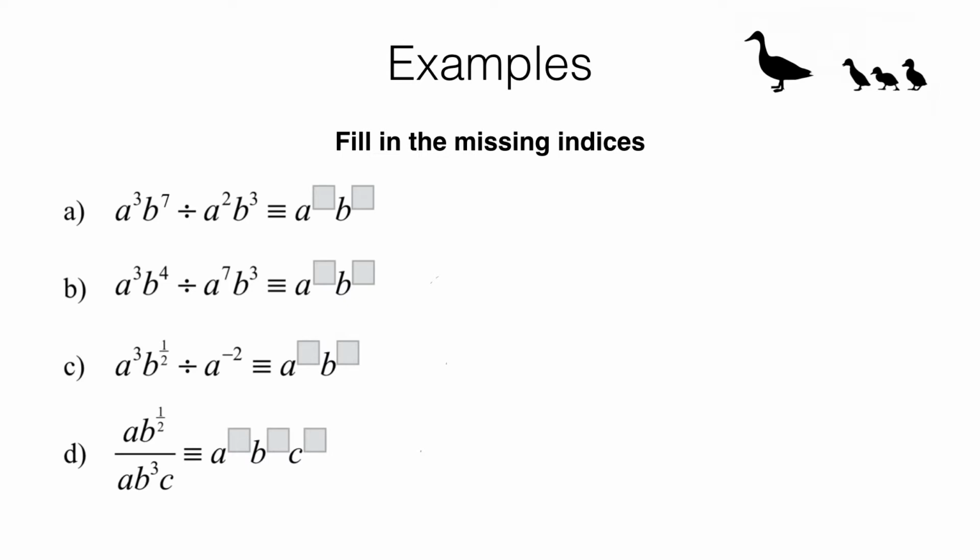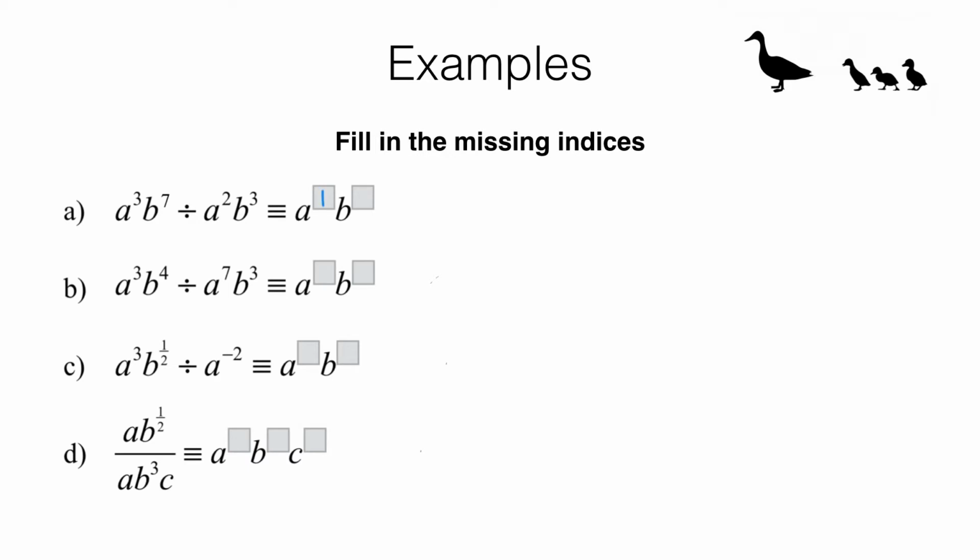Now, before I explain how to do it, I'll just show you what we actually do. To work out the missing index for the a, we simply realize that we are doing a cubed divided by a squared. And we know from the previous video, when we are dividing powers with the same base, we can simply subtract these indices. So 3 minus 2 gives us 1.